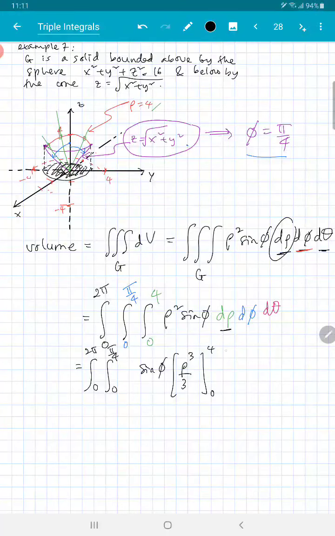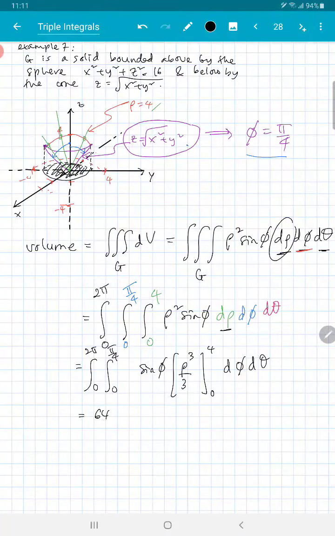Replacing rho with the upper and lower limits, the limits for rho are 0 to 4. What is 4 cubed? 4 cubed is 64, divided by 3. So we get 64 over 3 after integrating rho.